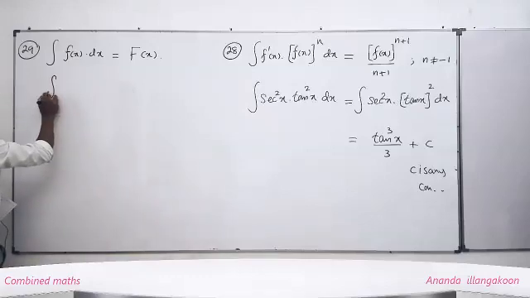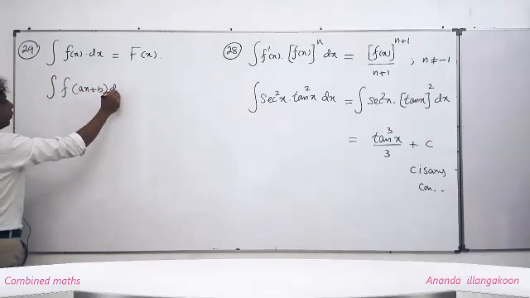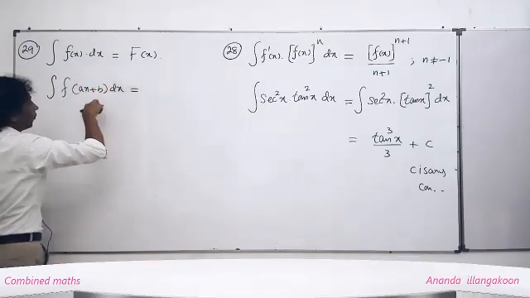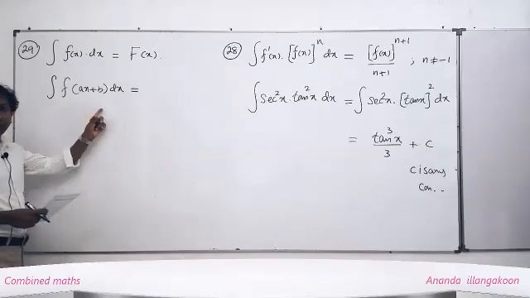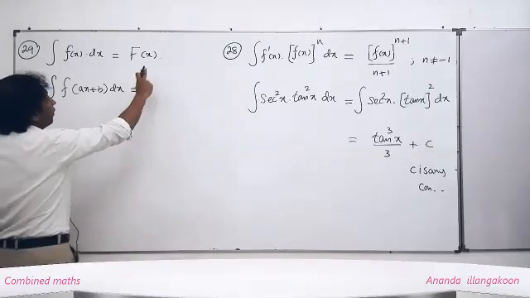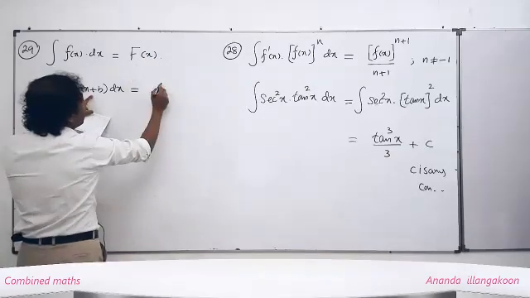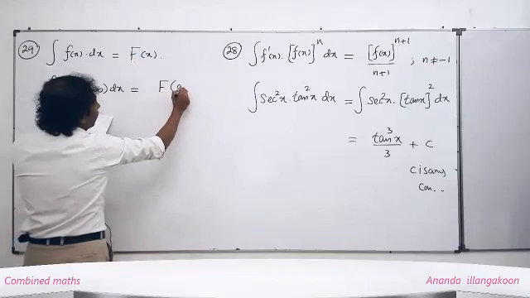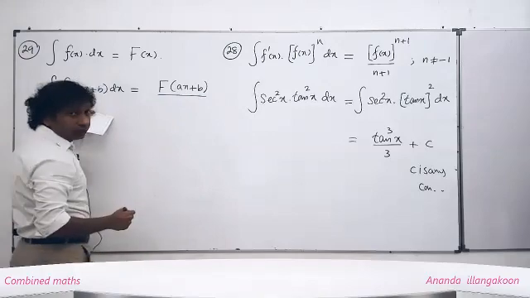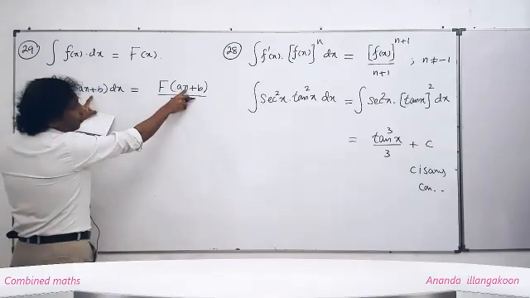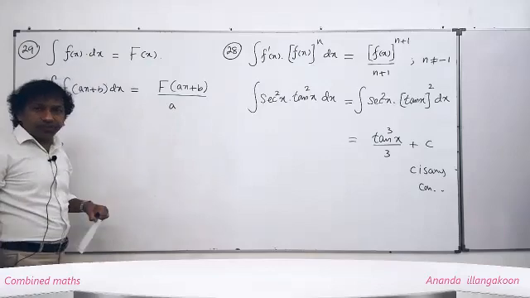Now we need to integrate this with respect to x. This result says the integral of this can easily be obtained by replacing x on the right hand side by the same ax plus b in the function capital F, and that should be divided by the coefficient of x, a. This is what it says.